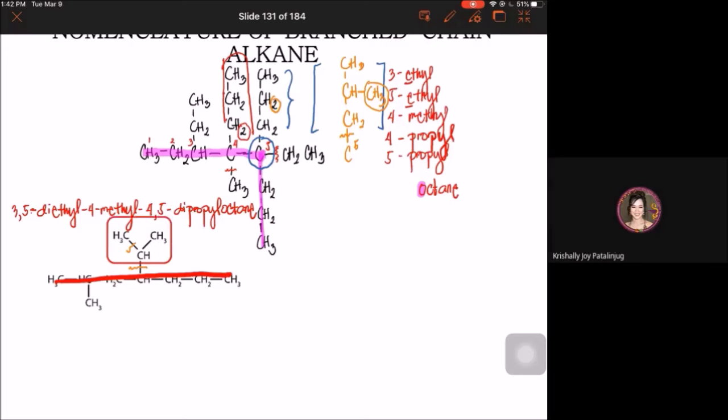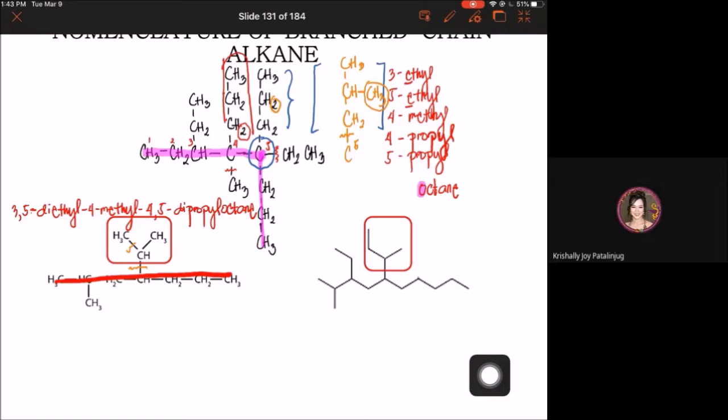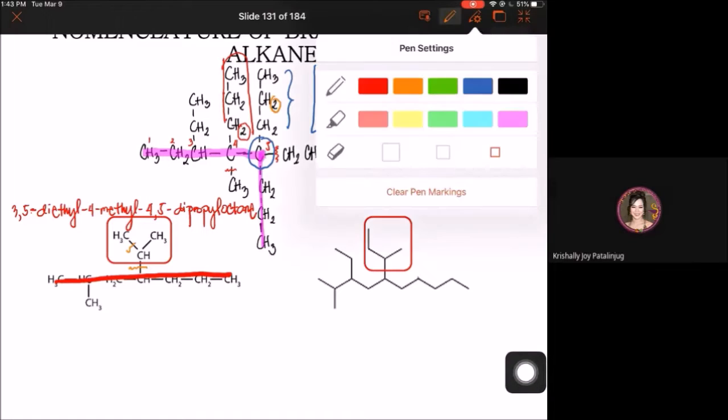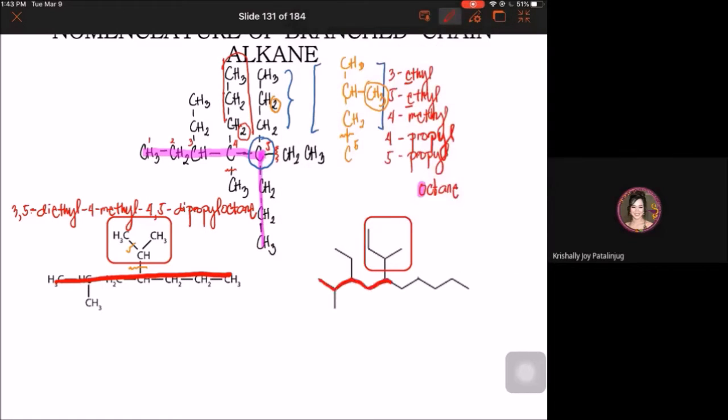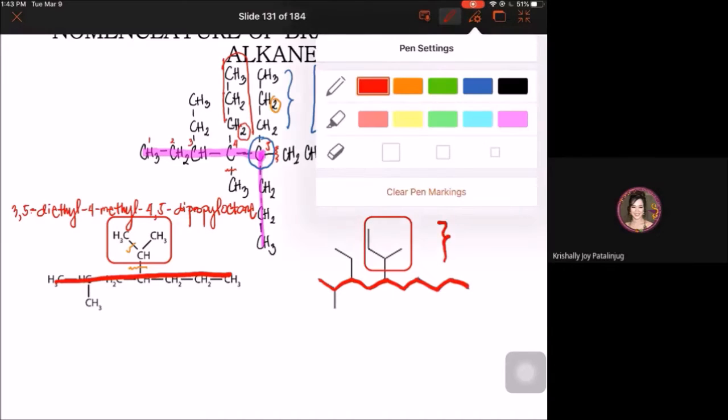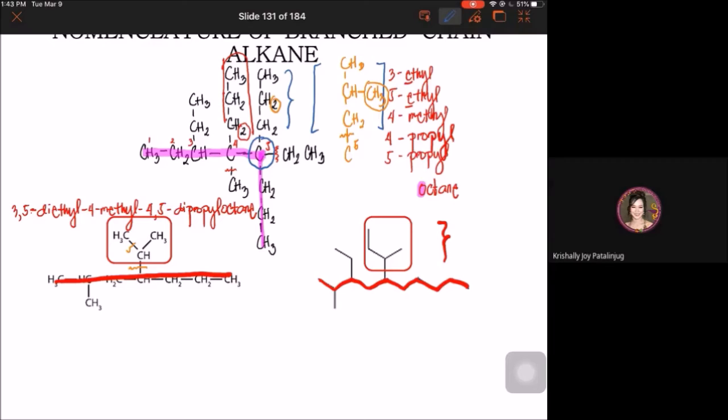Another thing, this part of the molecule. You have this parent chain. Then the part highlighted in red is also a complex substituent.